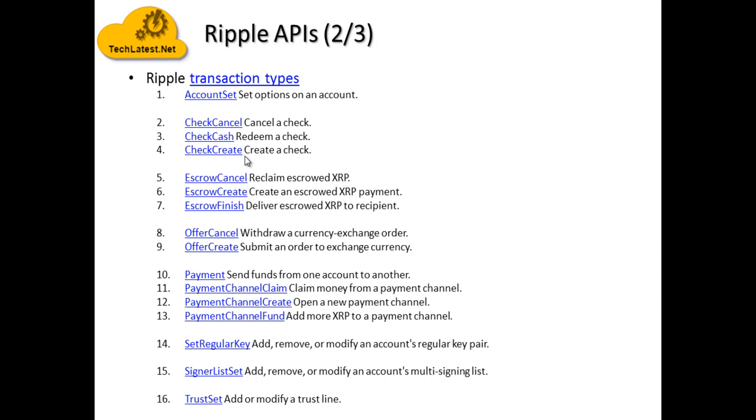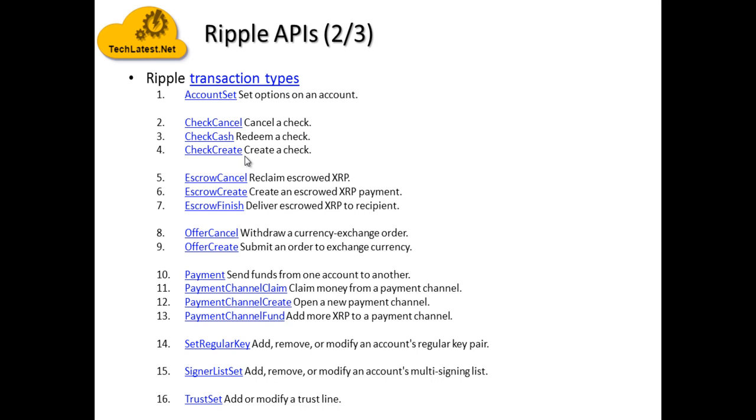In some scenarios, it is not desirable for the sender and receiver to have the payment instantly. Maybe the sender will say, deliver me some services, I will write you the check. Once I receive the service, you can encash the check. In that case, you can implement the use case of sending and receiving payment at a later date, based on certain criteria, through the concept of check transactions.